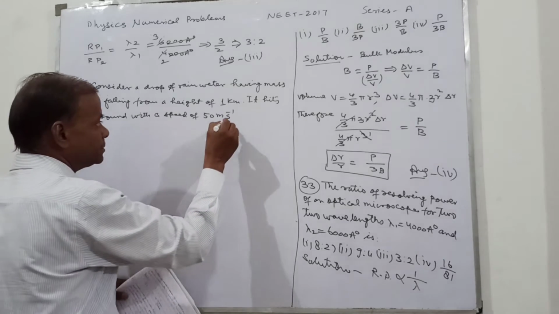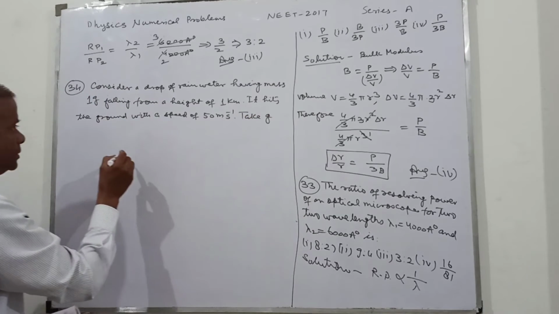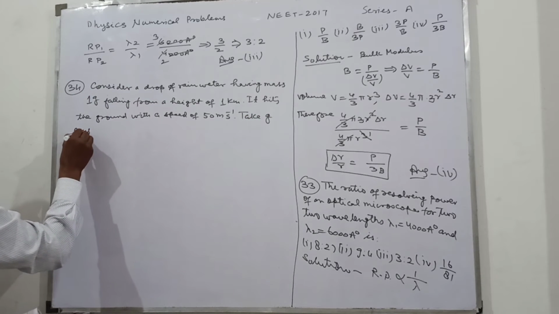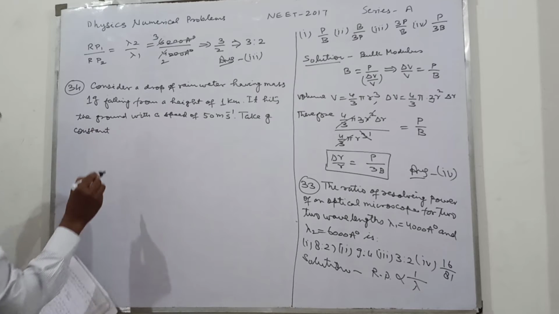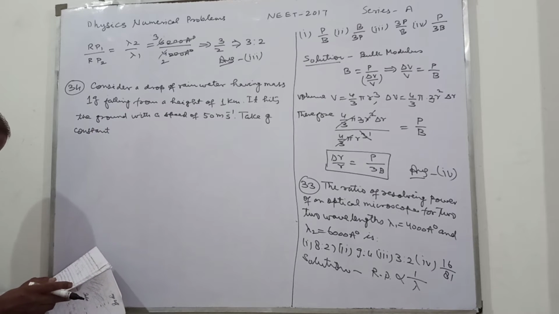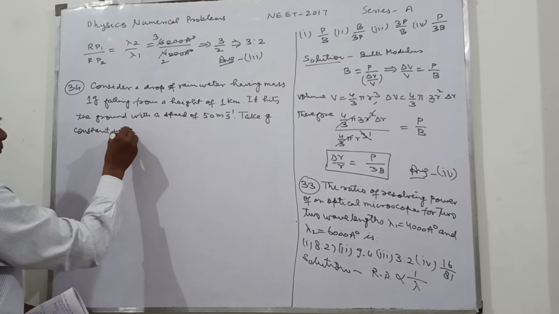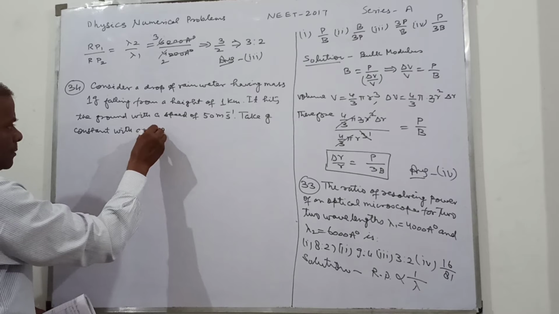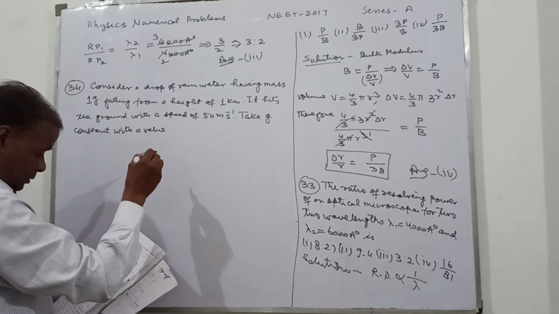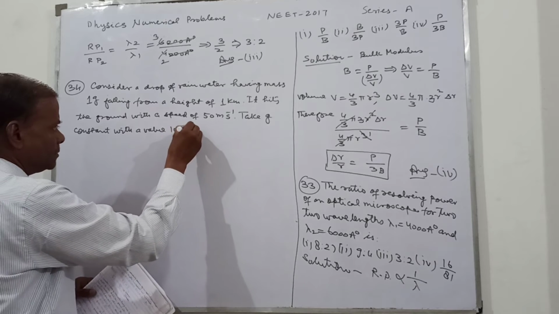Take g constant with a value of 10 meter per second square.